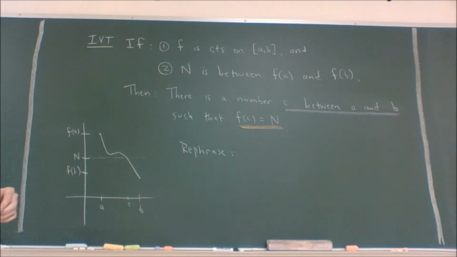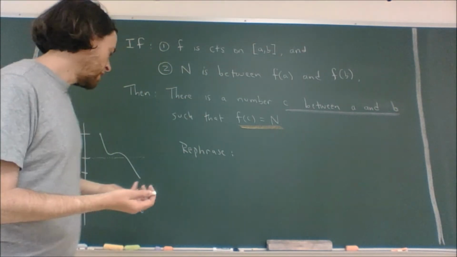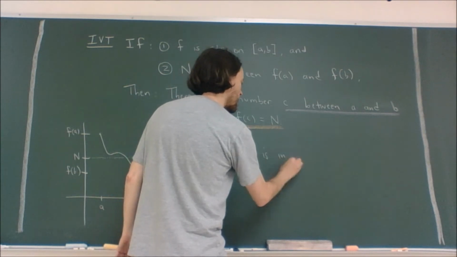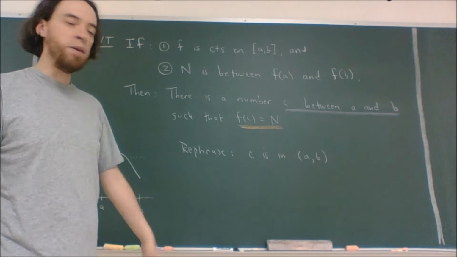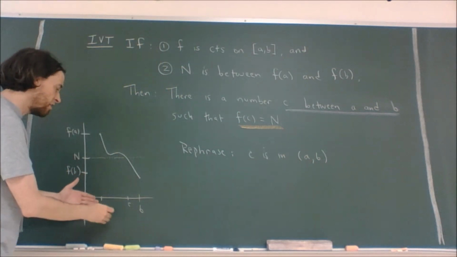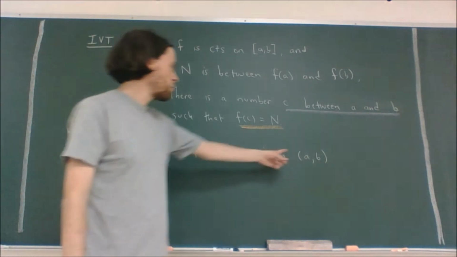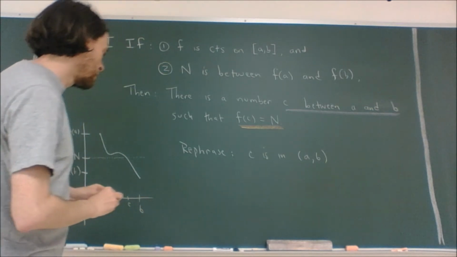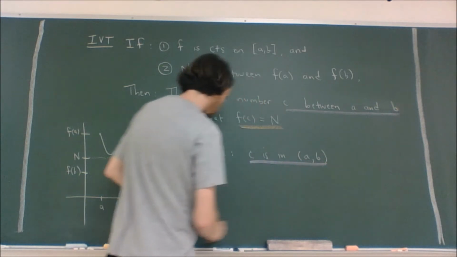And so the one in purple just says C is between A and B. And another way that can be said is C is in this open interval a to b. All right, that says exactly that C is between a and b. And again, in the picture, that just says that C is somewhere between a and b, but not equal to either one. Right? That's why we got parentheses instead of brackets. Okay. So that's the rephrasing of the purple statement.